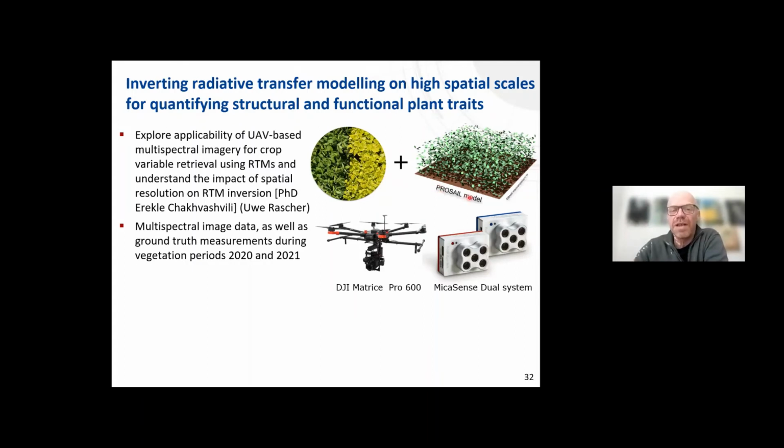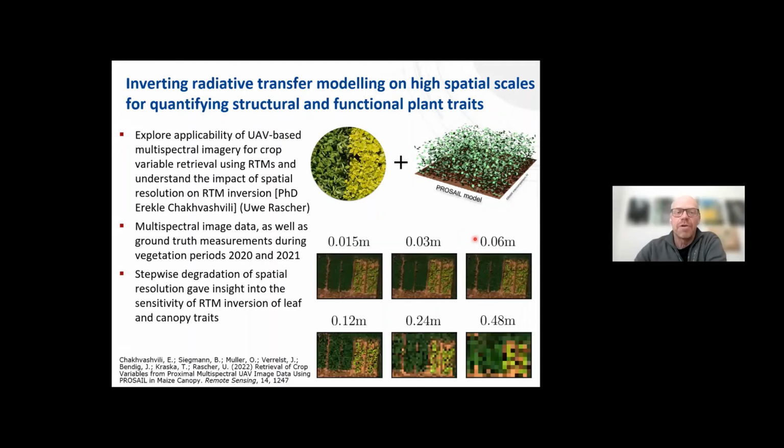He used the ProSail model, and he inverts this model, feeding in the 10-channel reflectance and radiance data from the drone. By inverting this, without any empirical approximation but with a physically-based approach, he can estimate and quantify relevant plant traits.